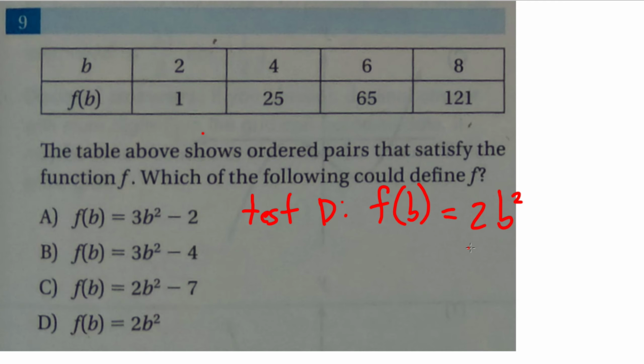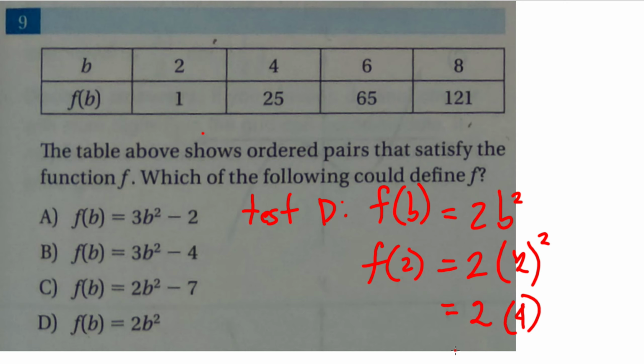So let's replace b with 2. f of 2 will give us 2 times 2 raised to 2, and this will be 2 times 4, which is equal to 8, and 8 is not, of course, equal to 1. We should have a value of 1 there. So D is not the correct answer.